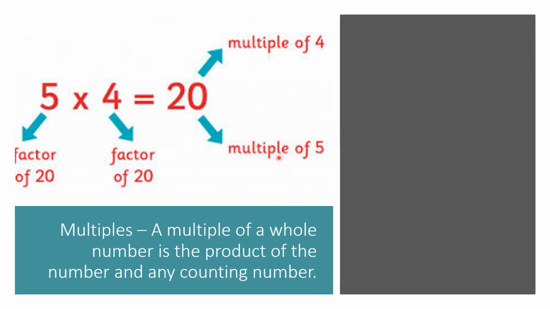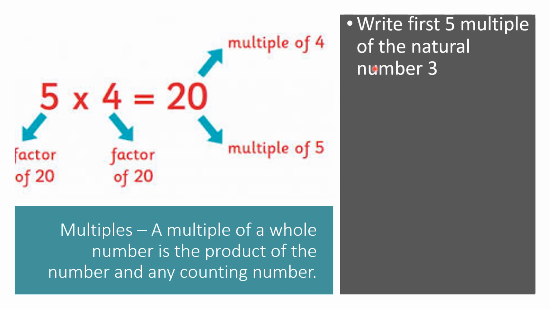So how can we calculate the multiple of any number? For example, write the first 5 multiples of the natural number 3. Here I have written natural number 3, which means we will not multiply by 0, because 0 is not a natural number, it is a whole number. So for natural number 3, first multiple is 3 ones are 3.